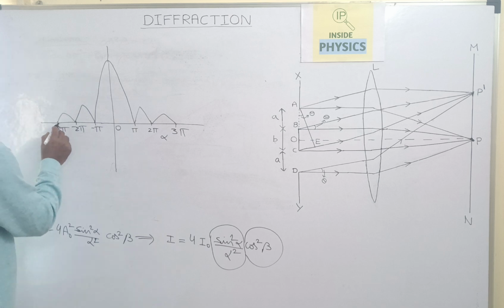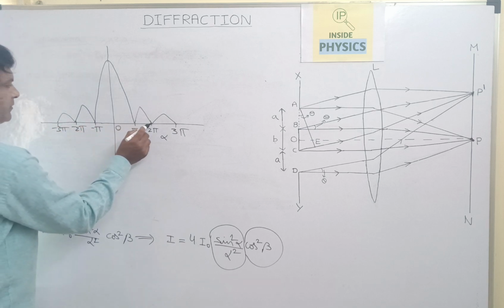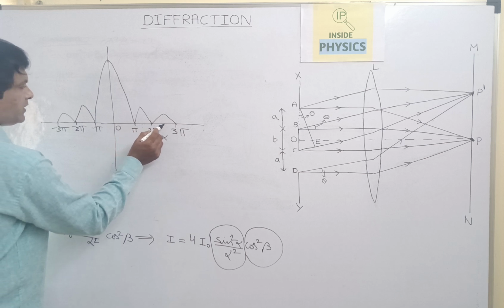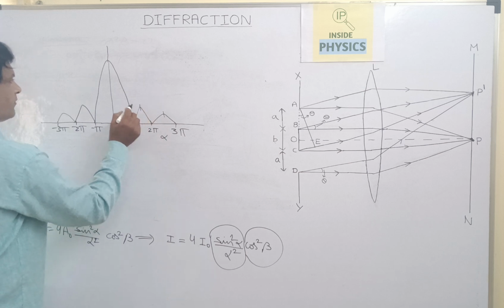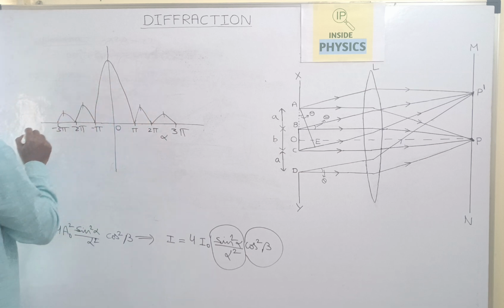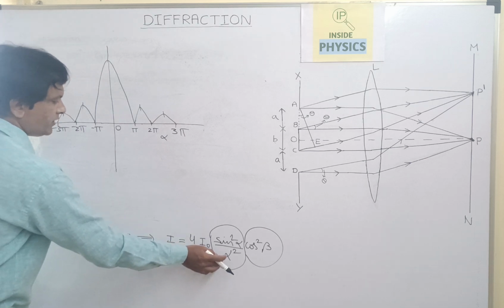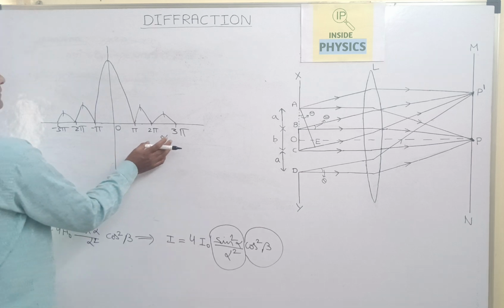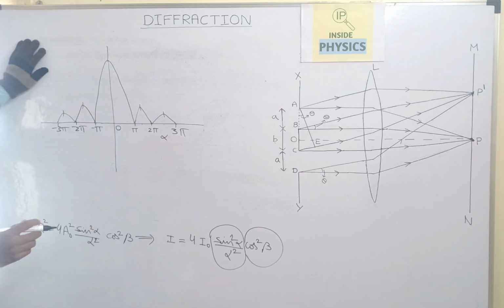If you observe these values, these are said to be minima. Maxima, minima, maxima, minima, maxima and minima. These are the maxima terms, where you will get one positive value for this sine alpha. So this is the pattern for the single slit diffraction pattern.